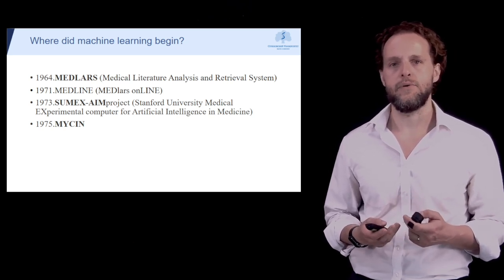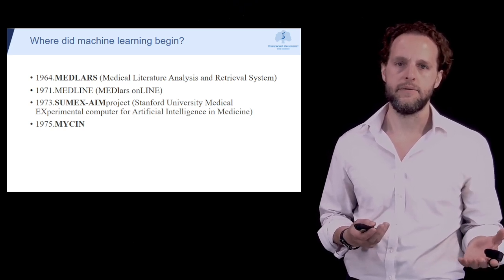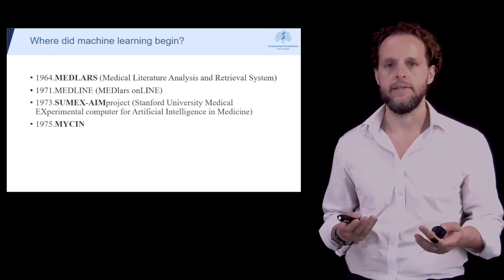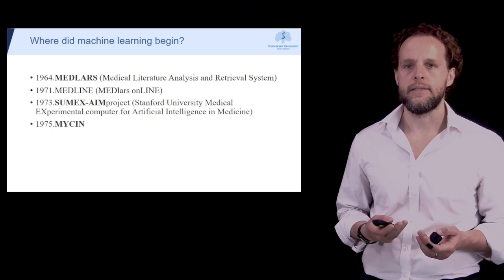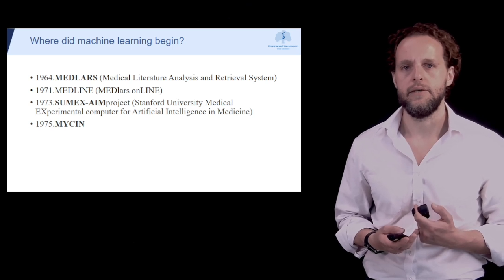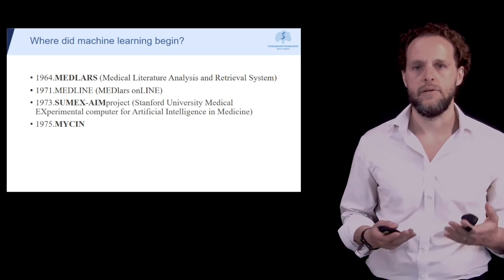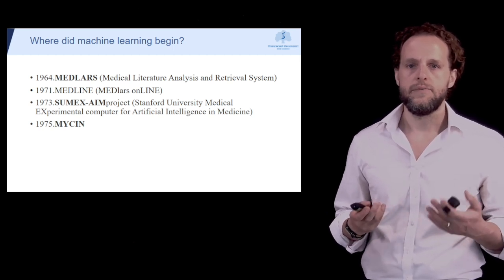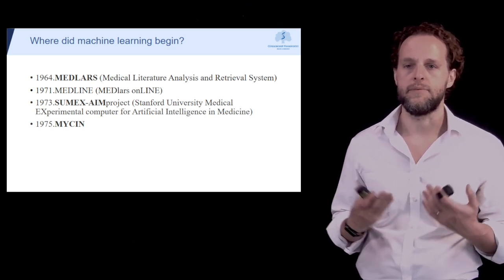In 1964, a literature analysis system was created. It was called MEDLARS, Medical Literature Analysis and Retrieval System. This system for the analysis of medical literature and obtaining data from it appeared in the US National Library of Medicine, and with the transfer of this system to an online format in 1971, the system evolved into a Medline system that still operates today.